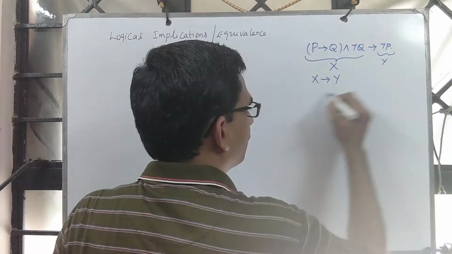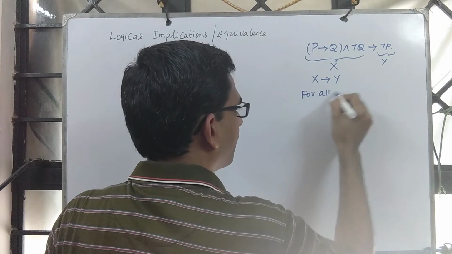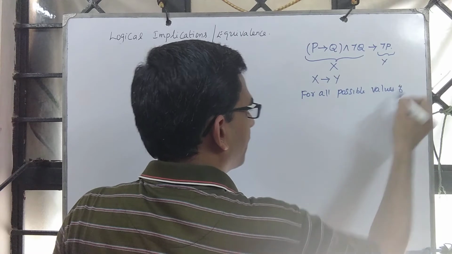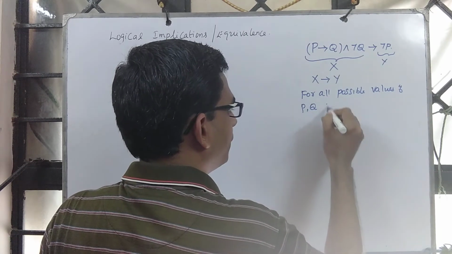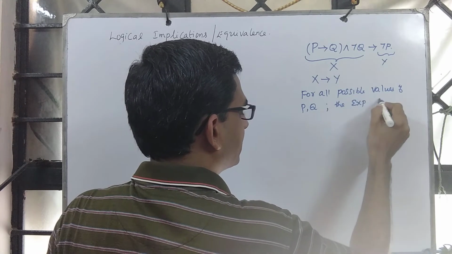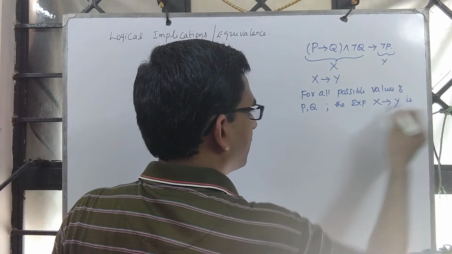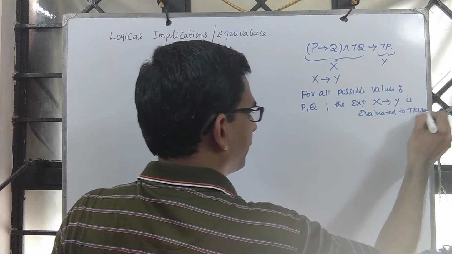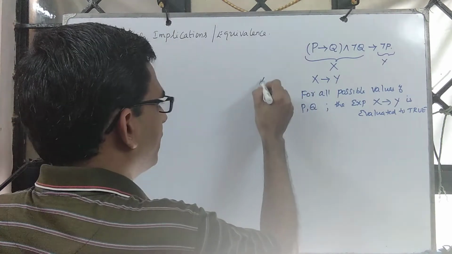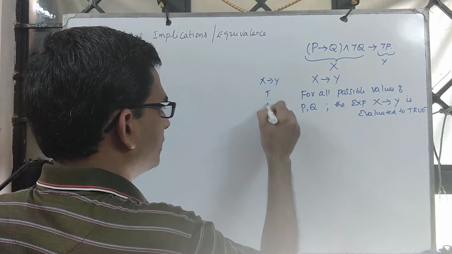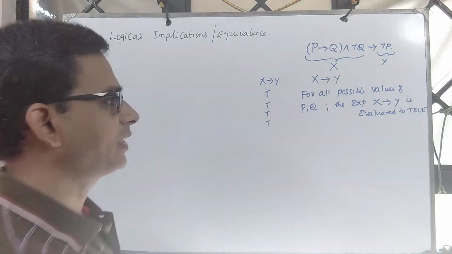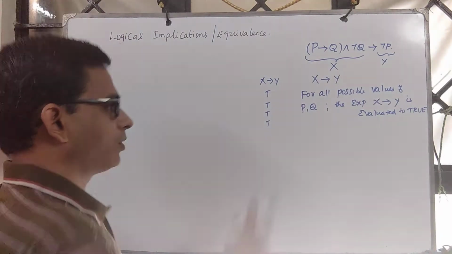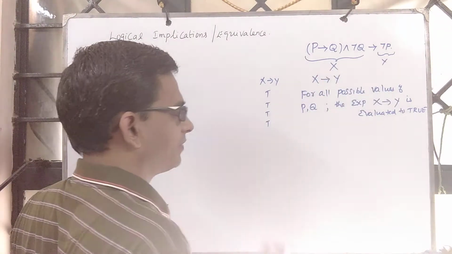For all possible values of p and q, the expression x implies y evaluates to true. If you look at the column x implies y, it was true everywhere. Which means y follows from x.